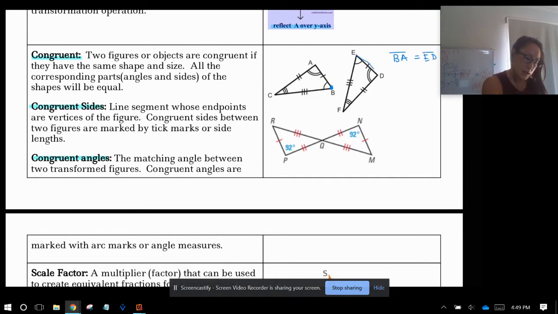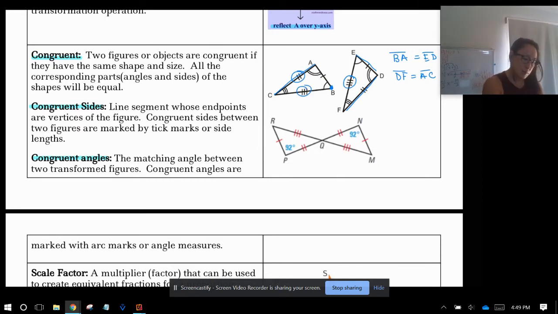E to D. All right, so DF would be congruent to, we look for two tick marks, AC. So DF is congruent to AC. The three tick marks means that it is congruent to the other length that has three tick marks.